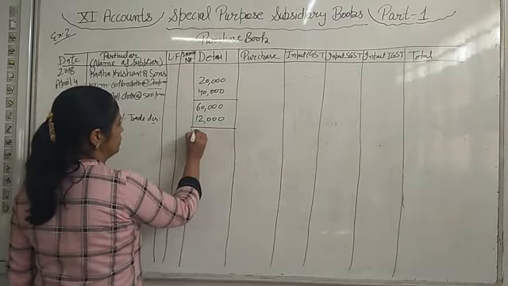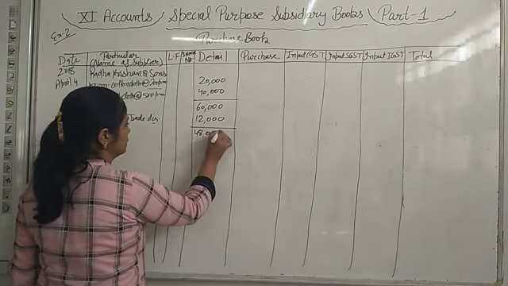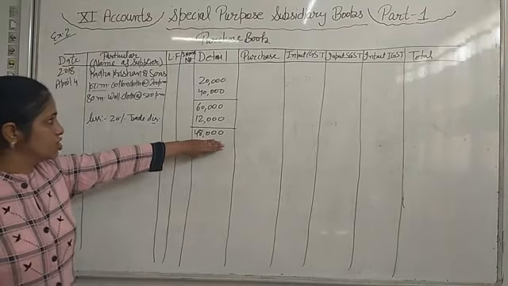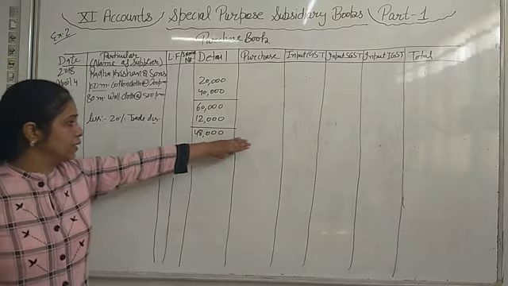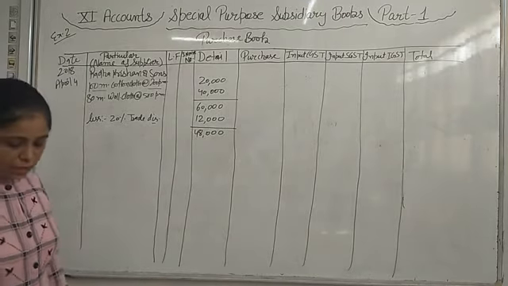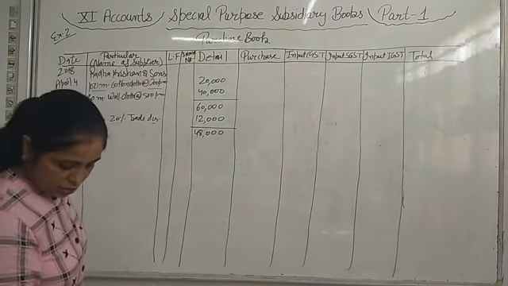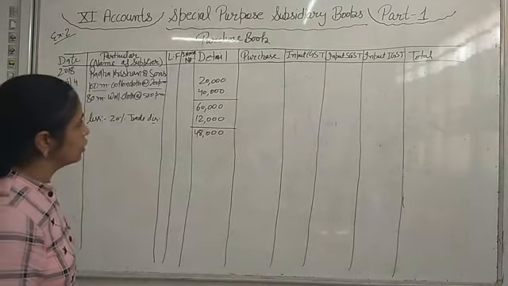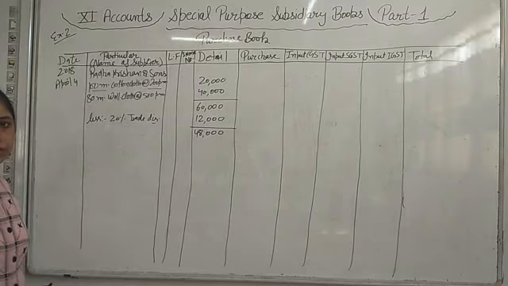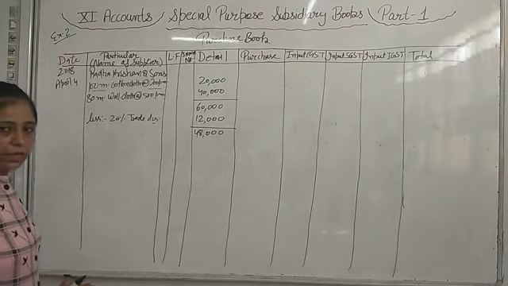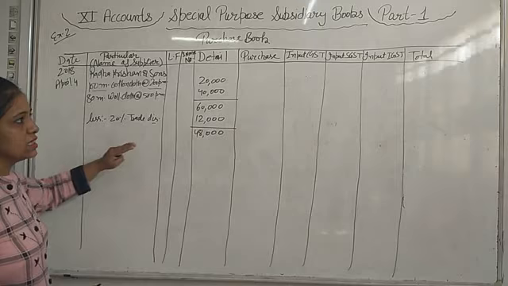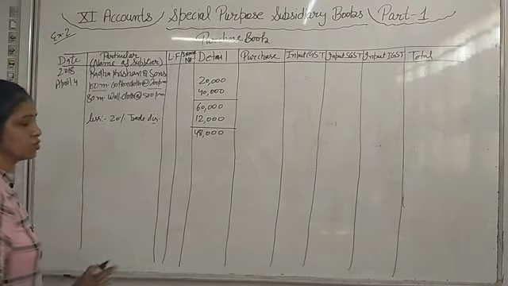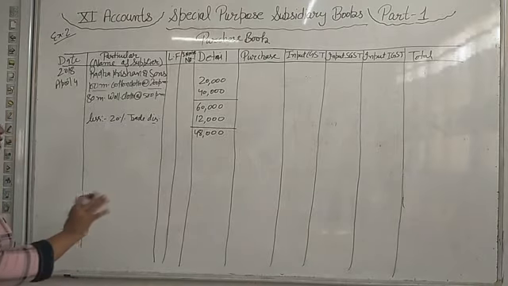It will come 48,000. Same state is there, then we will pay the CGST and SGST. Same state is not yet, that from Delhi we have purchased.